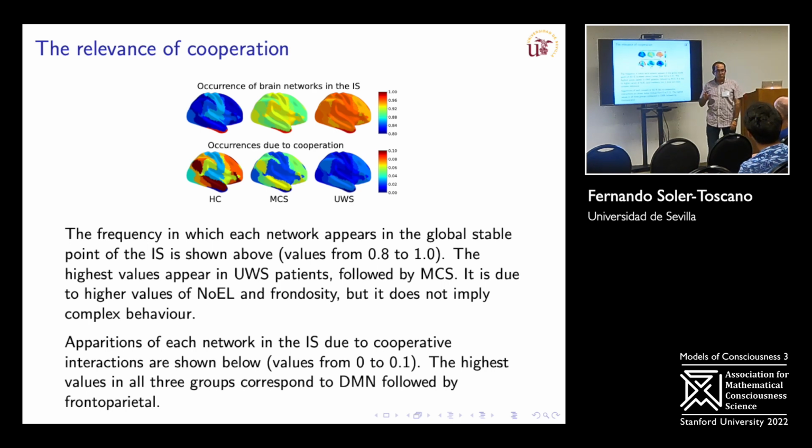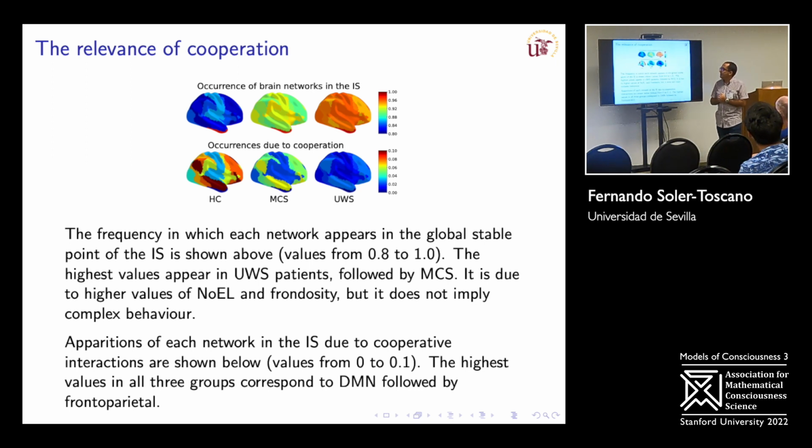But if we look not at all the occurrences of the brain networks in the global stationary point, but the occurrences due to cooperation, that is, occurrences of a network in a stationary point that is a product of the cooperation of other networks, we get a very different picture.